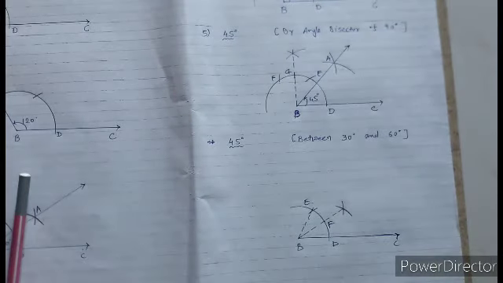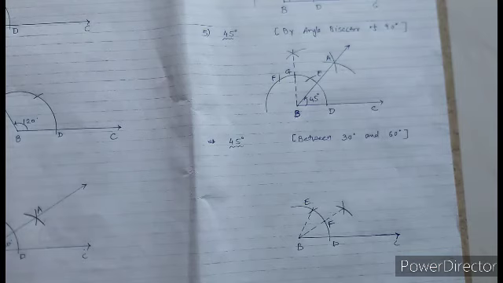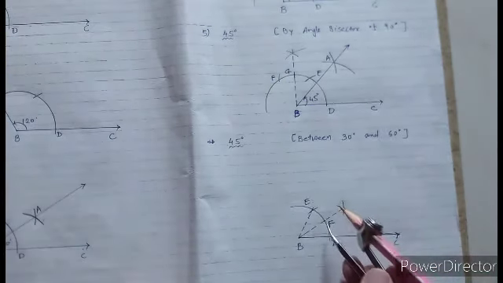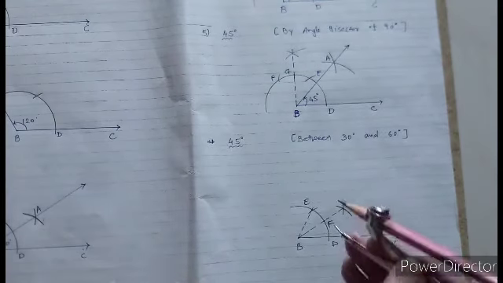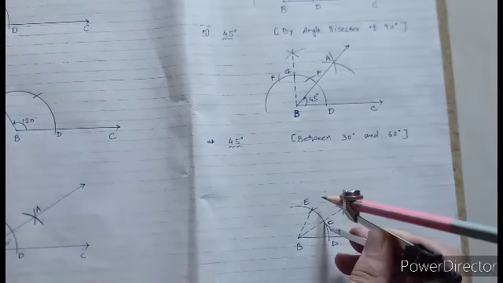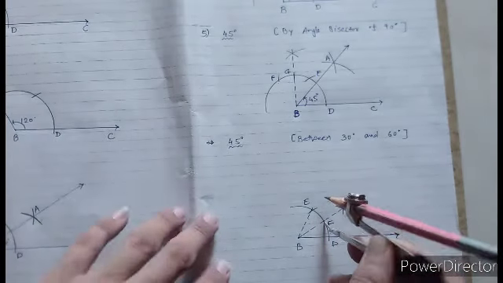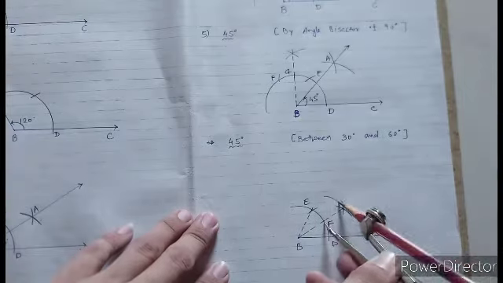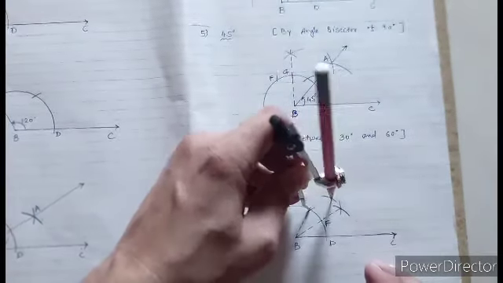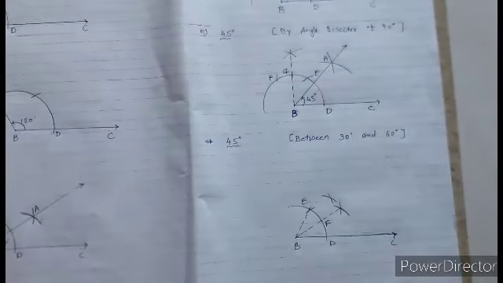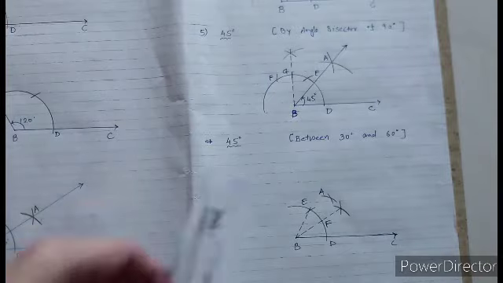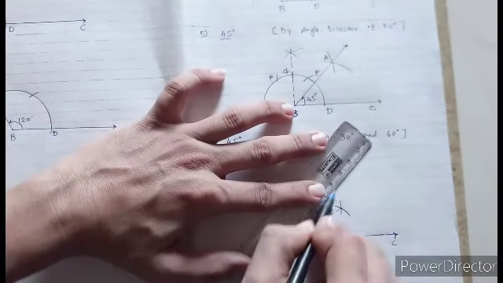Now we want to form an angle of 45 degree, which will be formed between 30 and 60. So taking E and F as centers one by one, and any arbitrary radius which should be more than half of EF, make an arc from point F and from point E. The point of intersection of these two arcs, suppose we call it A. Now we will draw ray BA.